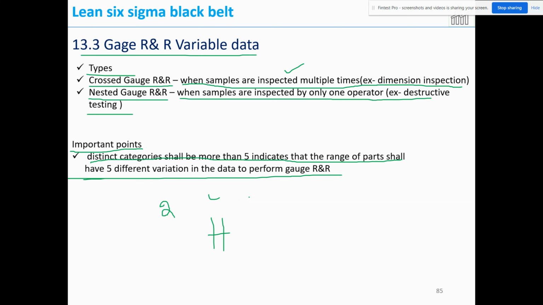If it is more than 5, it should have low as well as high, as well as values in between the range of low and high. Therefore you can check whether the measurement system is able to detect the range of dimension variation when you take a particular part for inspection.